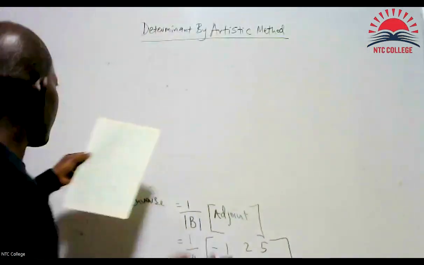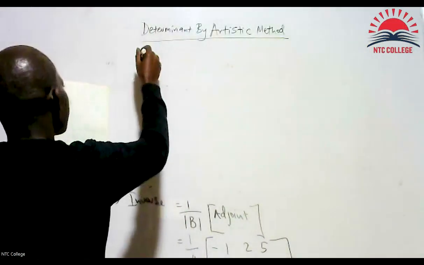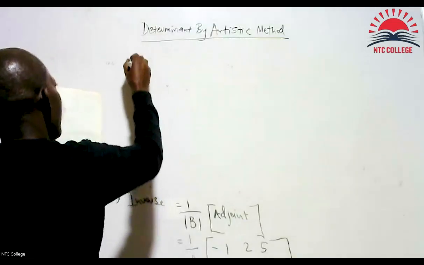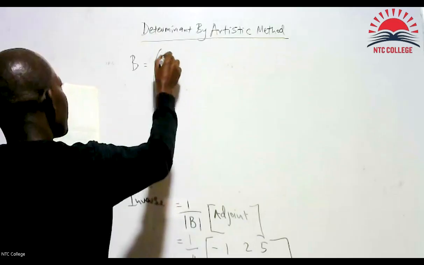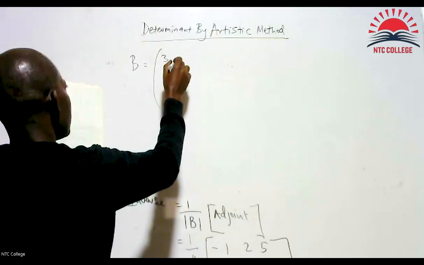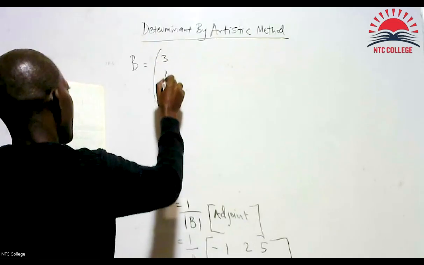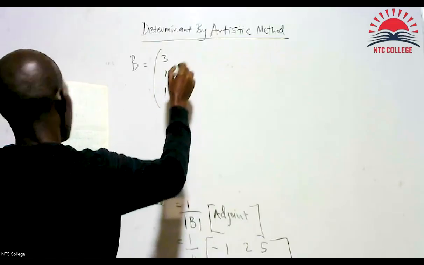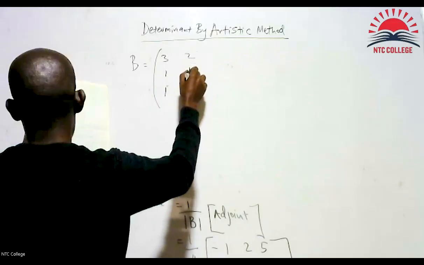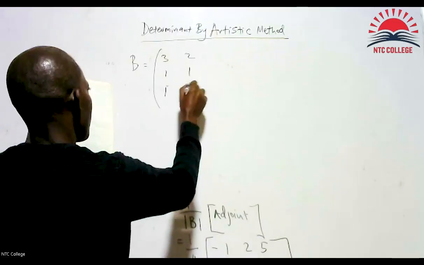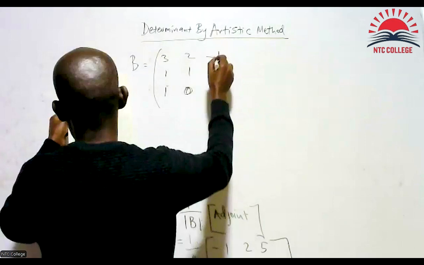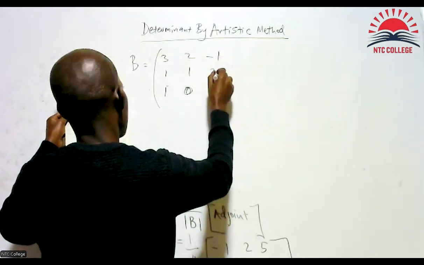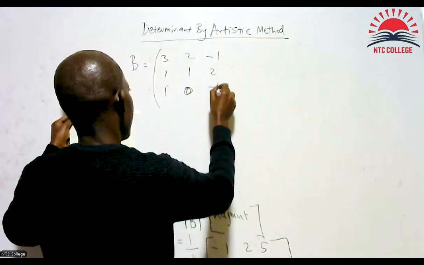I still pick our original matrix, the very example, the matrix B. So our B matrix is originally 3, 1, 1, 2, 1, 0, as it was originally, -1, 2, -1.